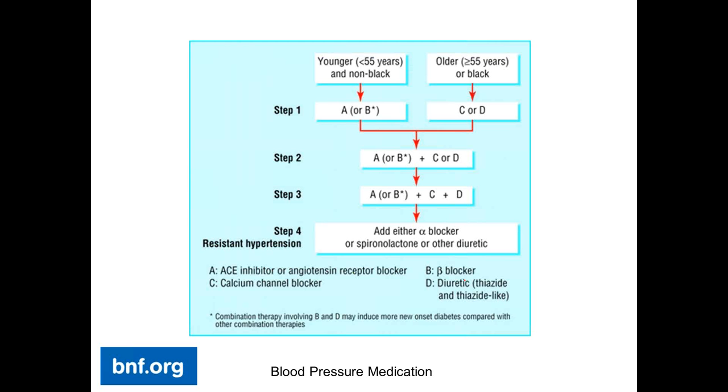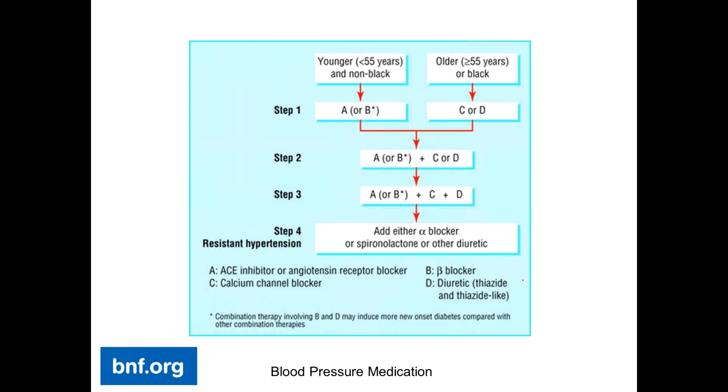Beta blockers, they affect the excitability of the nervous system. Calcium channel blockers, they affect the excitability of the heart and the vascular system. And diuretics, they make you go to the toilet more often and reduce blood volume.